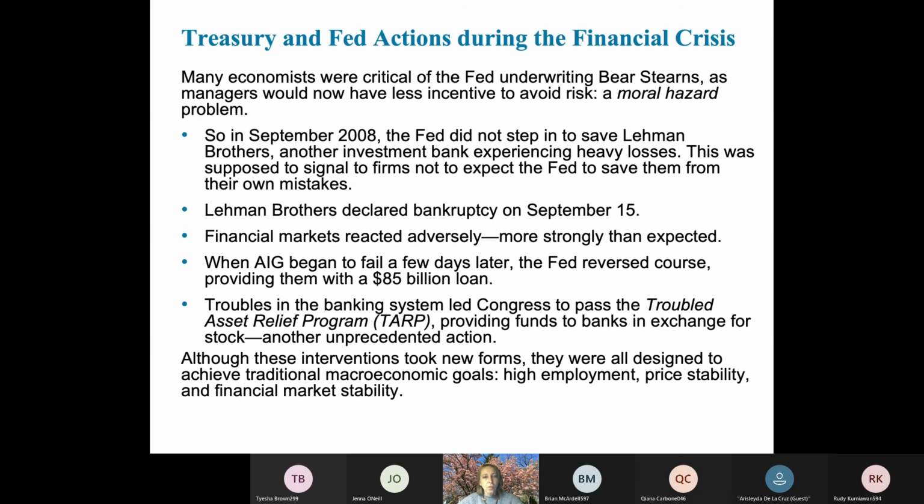So let's just divide it this way. Whatever originates from the Fed is monetary policy. Whatever originates from Congress is fiscal policy. So this TARP, Troubled Asset Relief Program, that so troubled the banking system, led Congress to pass the Troubled Asset Relief Program, providing funds to banks in exchange for stock, right?